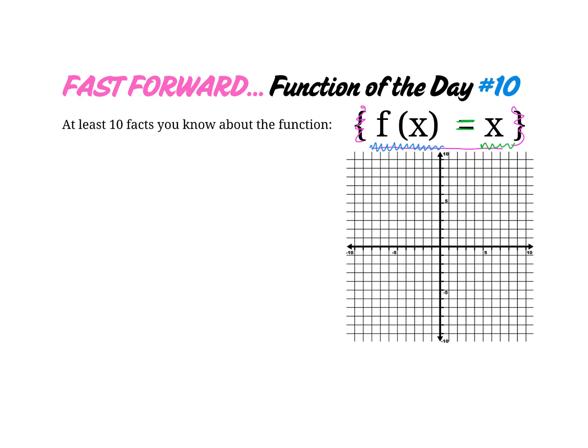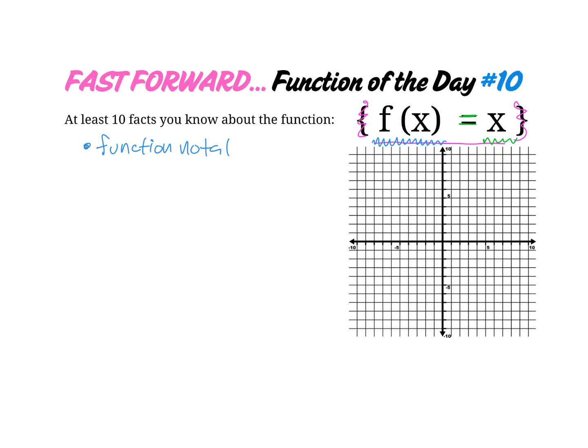So the first thing I wanted to do was launch into telling you that this blue part is called function notation. Meaning that they have written the function, and I'm going to say it as it's read. So if you're like, what the heck?